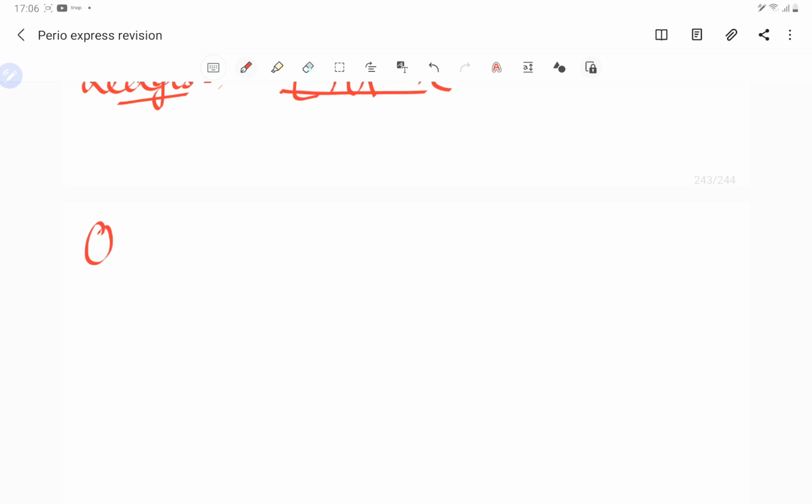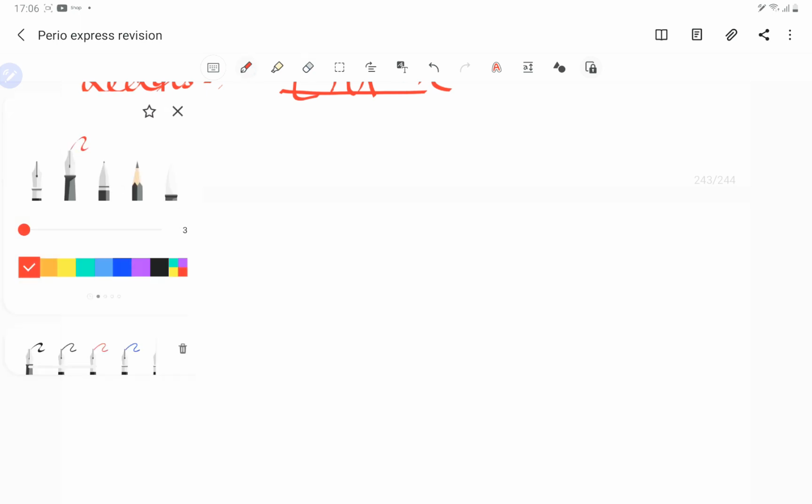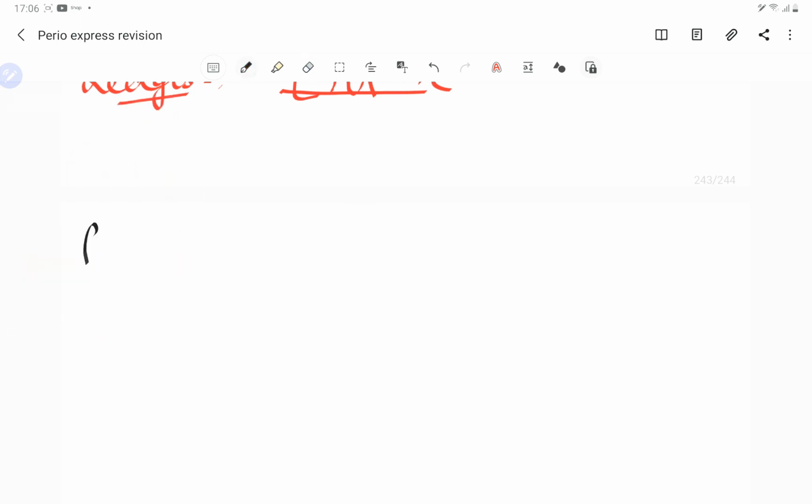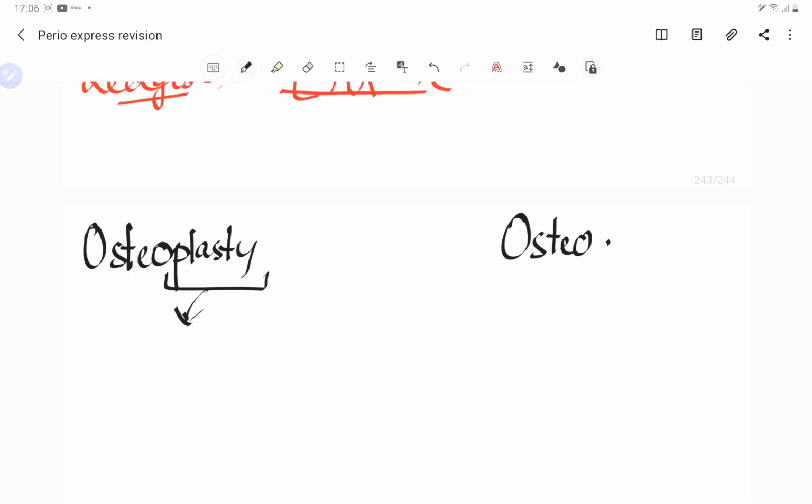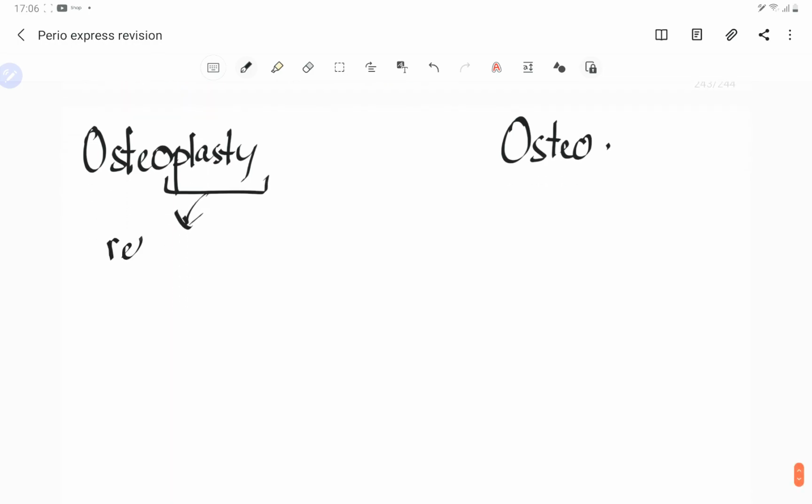So let's just write both of these terms and try to break the terms in order to understand both of these terms. So osteo is same in both. That means we are dealing with a bone here. Guys, plasty, I always tell you, plasty terms means that it is a kind of a plastic surgery. That means reshaping. So we are reshaping the bone.